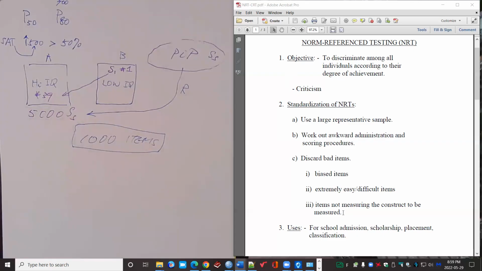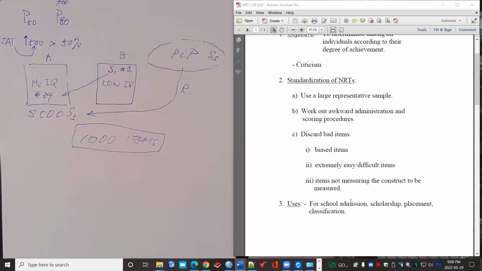Students must comprehend all those words, the wording, everything, so they understand what the item is asking them to do. If that is the case, this item is not good, because it's not measuring the construct to be measured. It is measuring verbal, but the item is supposed to be measuring math ability.